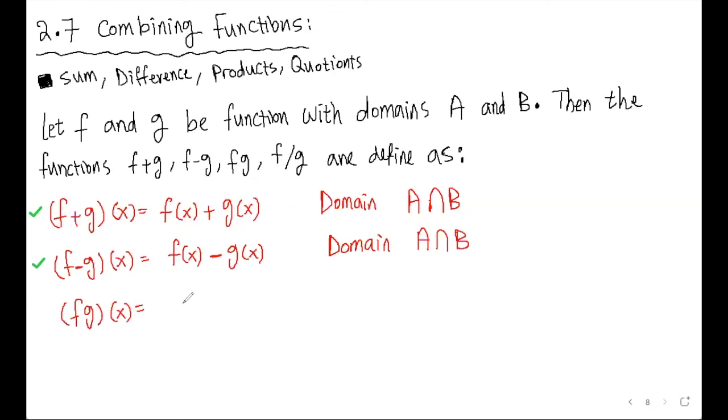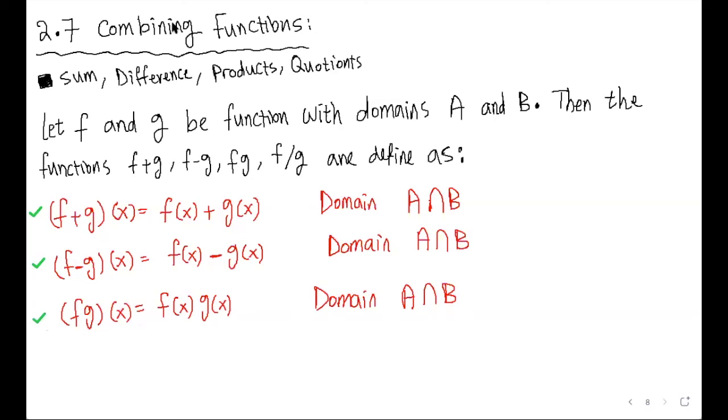Same like here, f of x times g of x. The domain again is the intersection, A intersect B. This is the product.